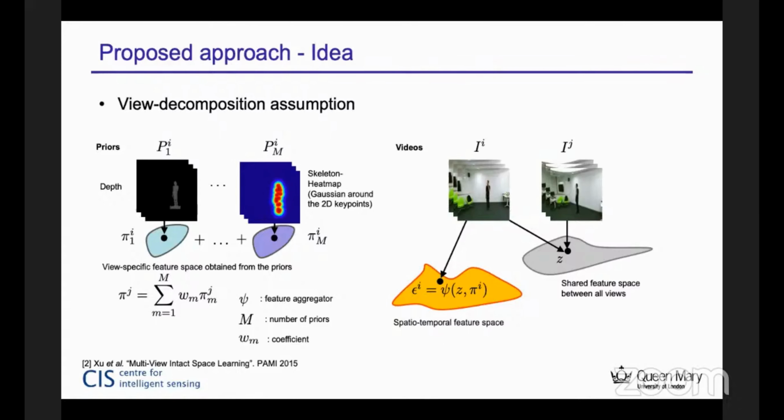If we can obtain a shared feature representation, then by giving priors about the target view, in this case depth, skeleton, or other modalities, we can combine them using an operator psi that approximates the feature representation of the video from the target view.